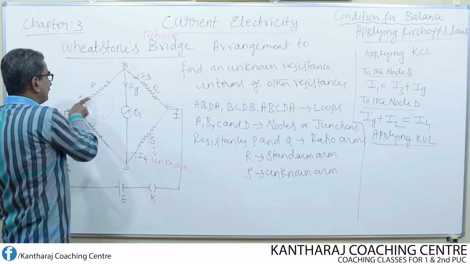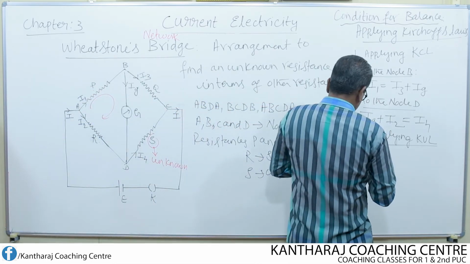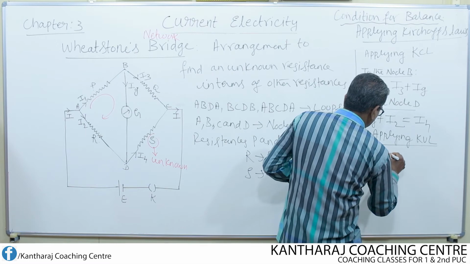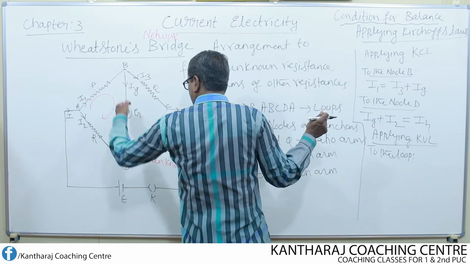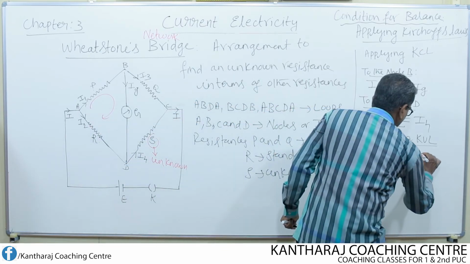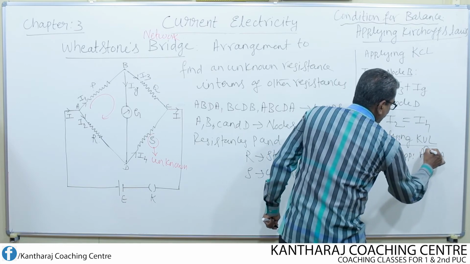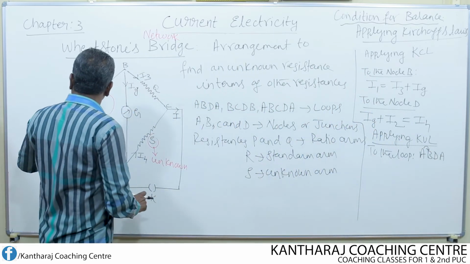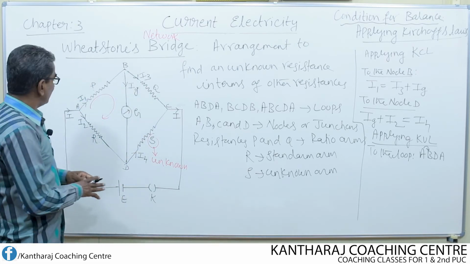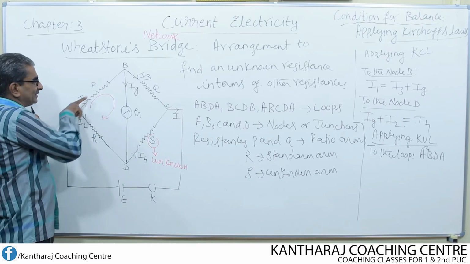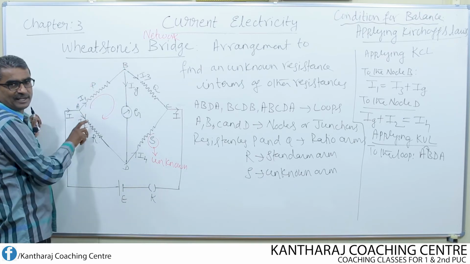So I start from A and I go to B. First let us write the loop. KVL to the loop. Which is that loop? A, B, D, A. Now start from A, go to B. I start from A and I move towards B like this. I am traveling along this resistor in this direction, whereas current is also flowing in the same direction.